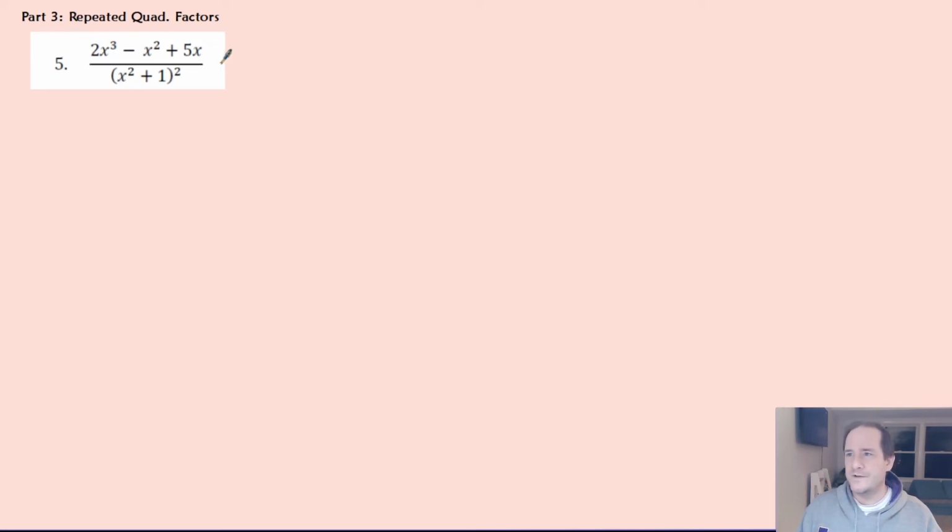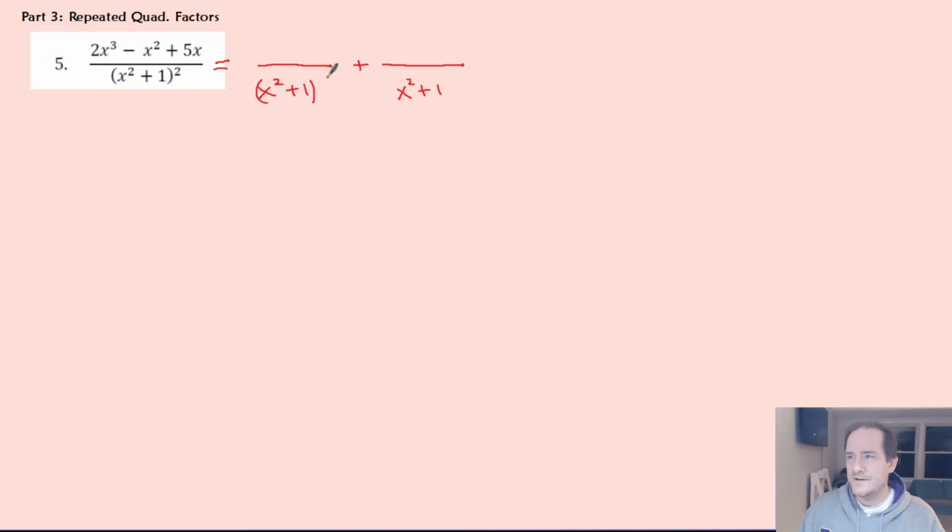Some people definitely expressed a lot of confusion about this, but basically you want to view this as 2 factors. It's the same factor, but it's squared, which means we've got essentially this factor times itself. The way that you handle these repeated factors is you'll go x squared plus 1, then you'll need x squared plus 1 again.